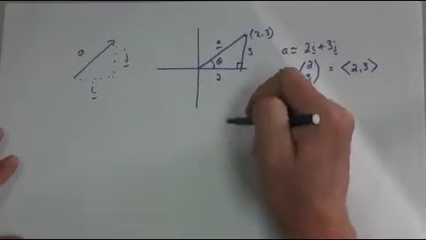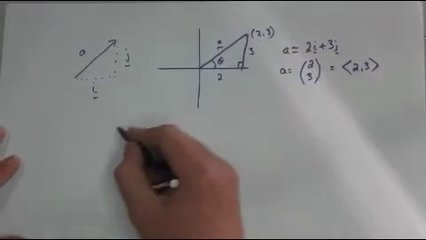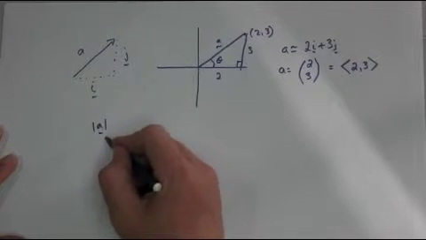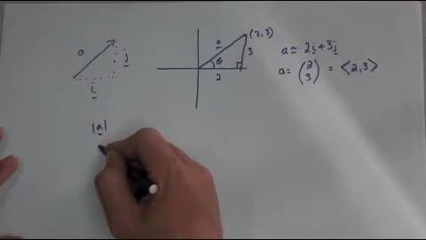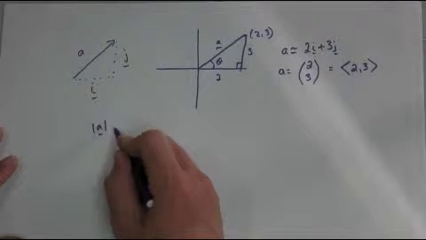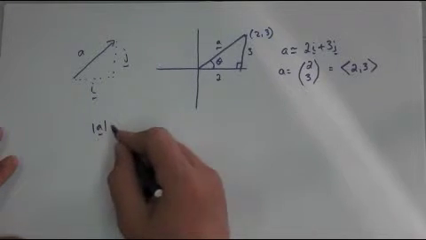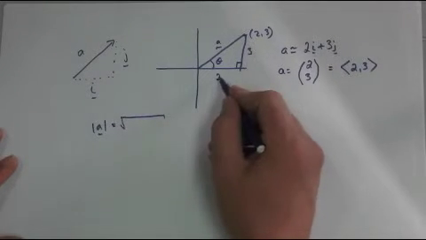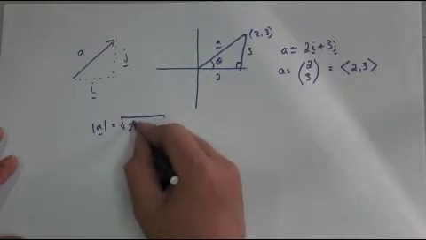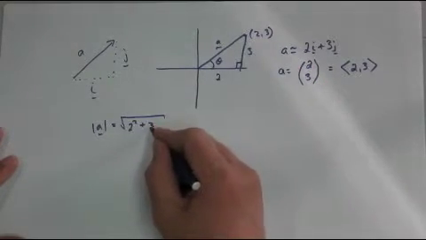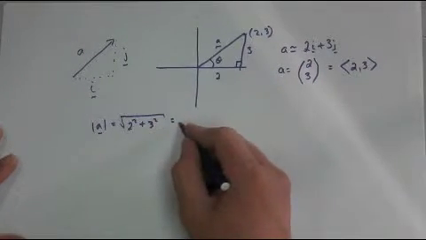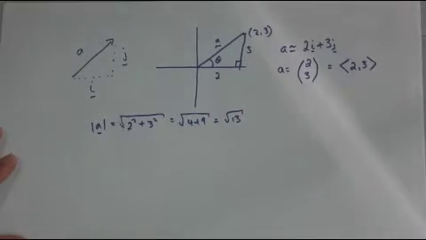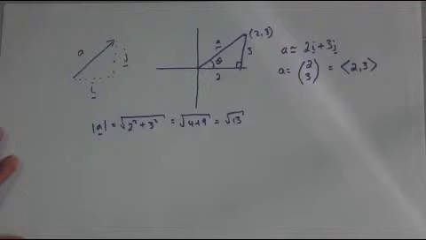It's a right angle triangle, so to find the magnitude of vector A, and we use this absolute value notation for the magnitude, sometimes called the modulus of A, we can use Pythagoras' theorem. That would be equal to the square root of the horizontal component squared plus the vertical component squared. So in this case, that's the square root of 4 plus 9, so the square root of 13. And that is the magnitude of that vector.